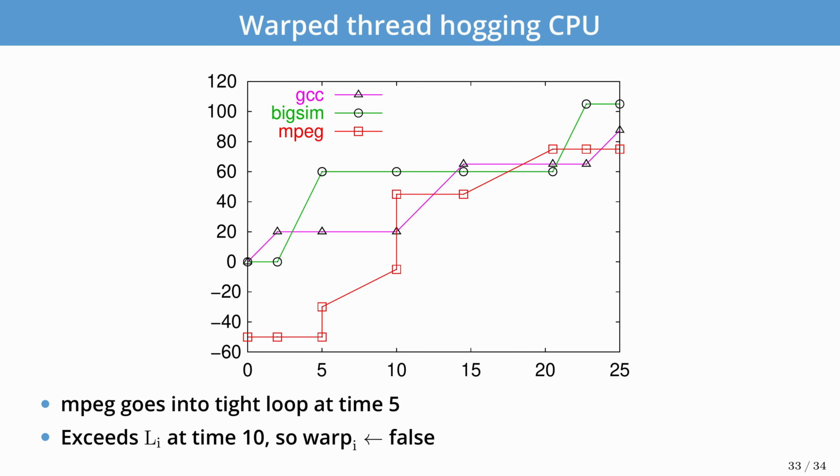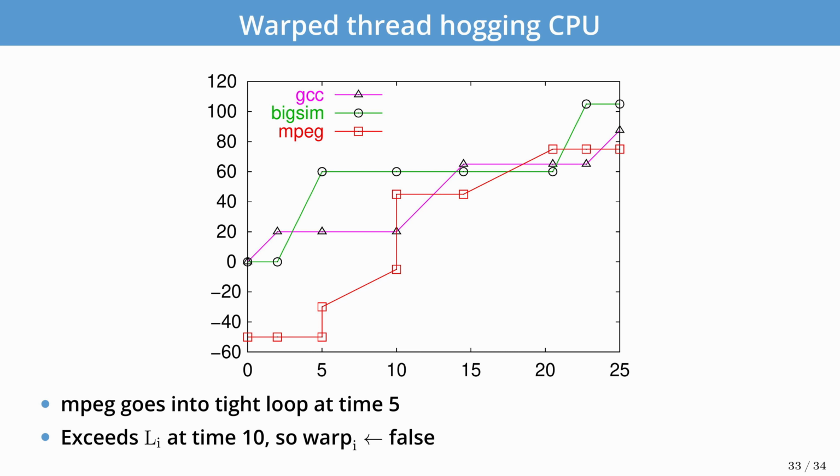So let's see what happens when this breaks down. If the MPEG player, for whatever reason, ran too long, and we assume that the LI, the limit flag, is 10, and somehow warp gets set to false at time t equal 10, well, what happens? Well, we disable the warp, which basically jumps the MPEG player back to its normal virtual time.